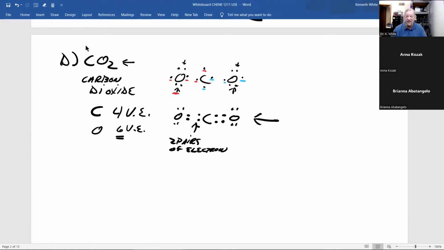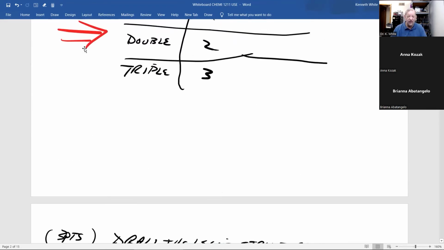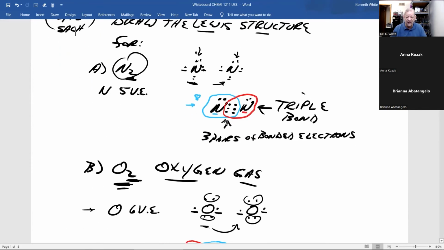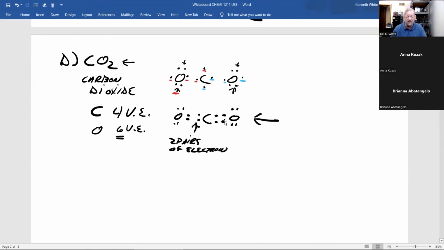And in case you forgot, or you haven't learned it yet, the 3 types of covalent bonds: single, 1 pair; double, 2 pair; triple, 3 pair of electrons being shared. In CO2, carbon dioxide, there are 2 pairs of electrons being shared between each oxygen and carbon, and that's a double bond.